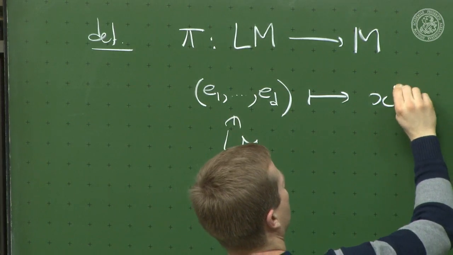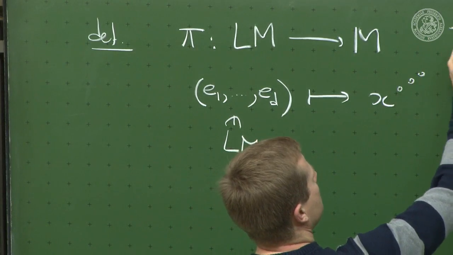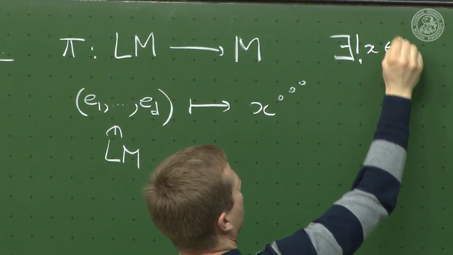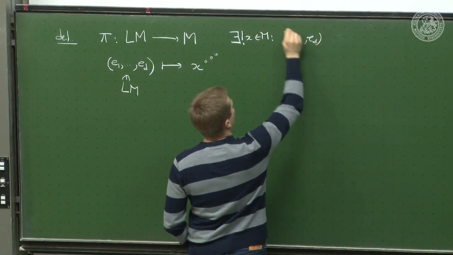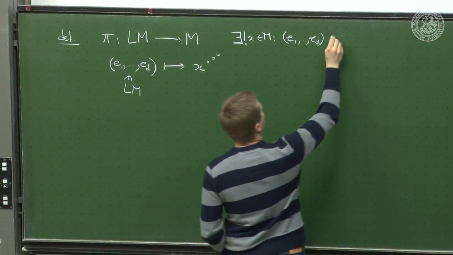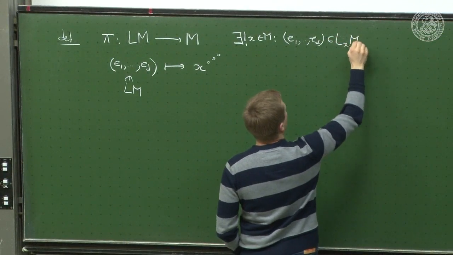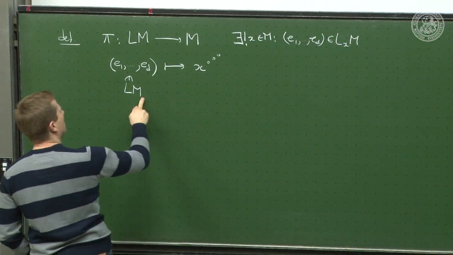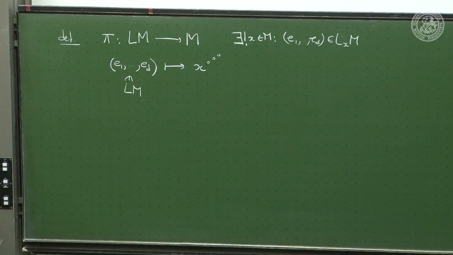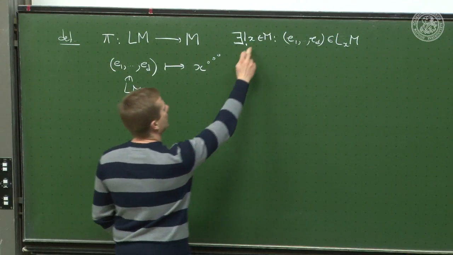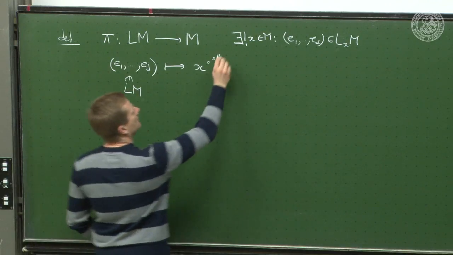And the point is there exists a unique x in M for which e_1 to e_D, the one you picked from the union, is an element of the LxM. So although this was from LM, it's in particular an element of LxM because this is a disjoint union. And that unique x you take.